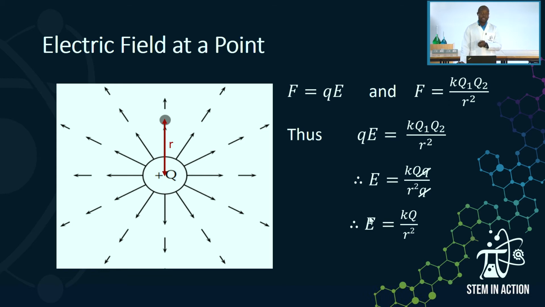And what this simply says is E is equal to KQ over R squared. So it means that if you want to find the electric field at a point, which is a distance R from a charge, we simply need to multiply the K, which is our constant, times the charge over the distance between the charge and the point that you are interested in.